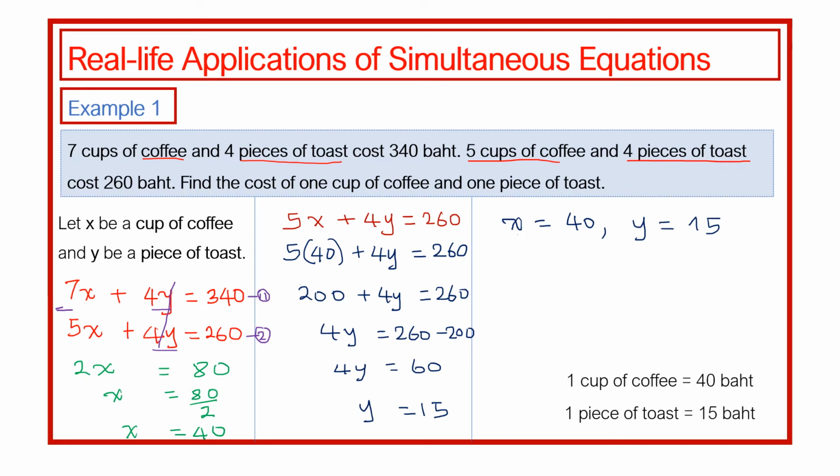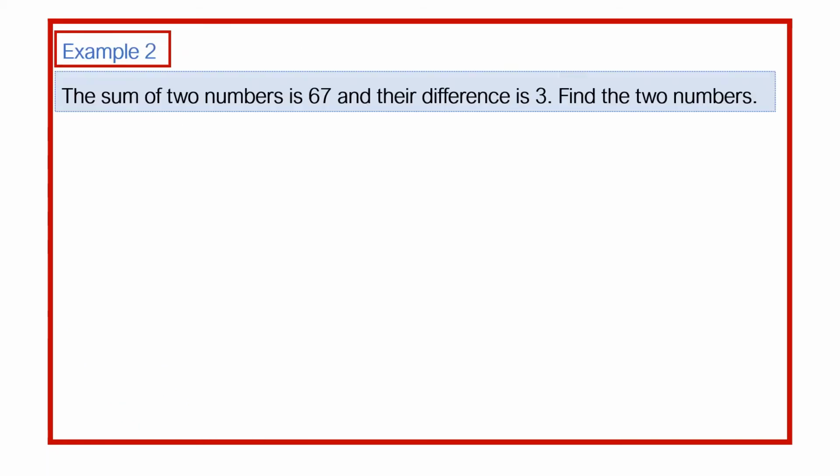So 1 cup of coffee equals 40 baht and 1 piece of toast equals 15 baht. So let us get example number 2. The sum of two numbers is 67 and their difference is 3. Find the two numbers. Okay?